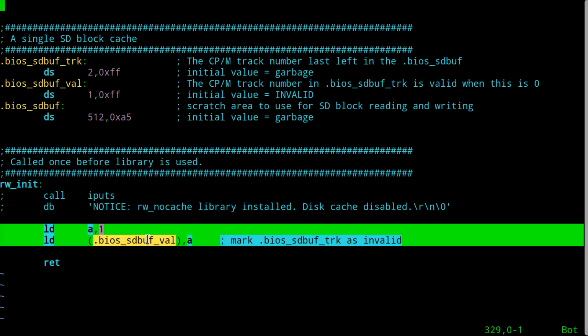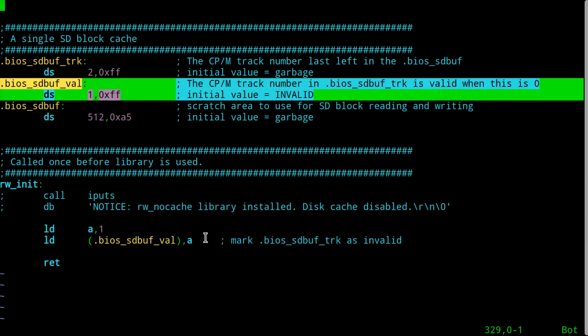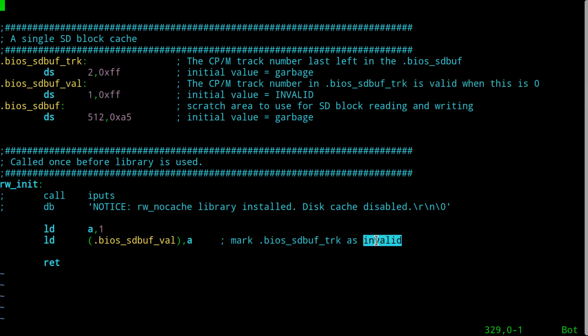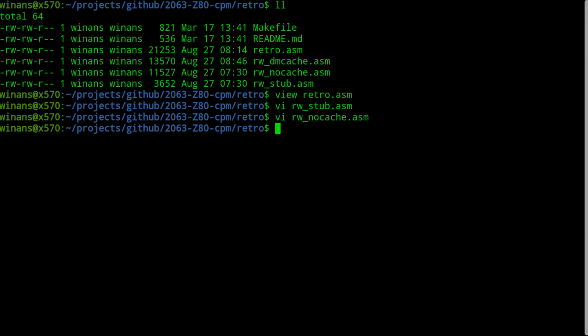And here's where I invalidate this buffer, the valid flag. I set it to 1, and it marks it as empty and unused. That's critically important. Otherwise, you could get garbage data, and the BDOS will get really confused if you start giving it garbage when it wants to read its directory and stuff like that. All right, so here's the new code.